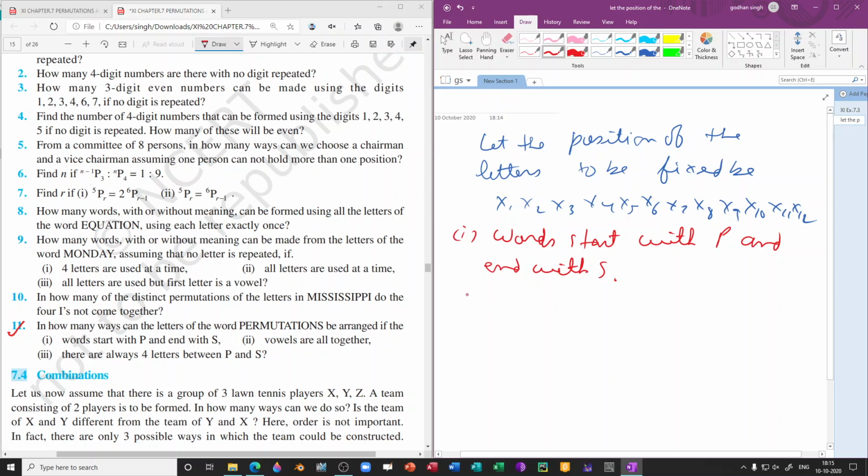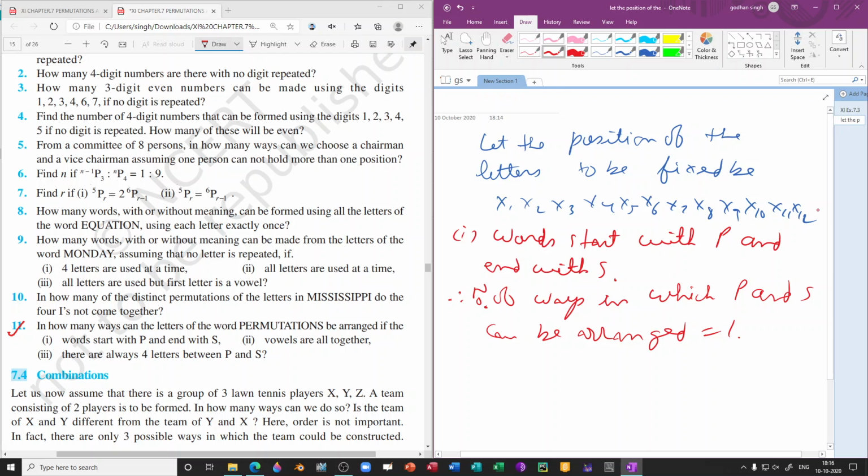So number of ways in which P and S can be arranged is only one, because P has to be at x1 and S has to be at x12. So the position is fixed.